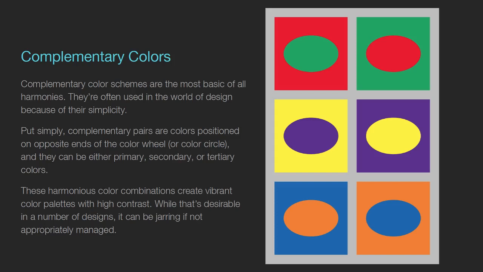The contrast is really key when you're working with complementary colors. Also, when we think about complementary colors, we can also take it into warm versus cool. I think that is an acceptable form of thinking of complementary colors.